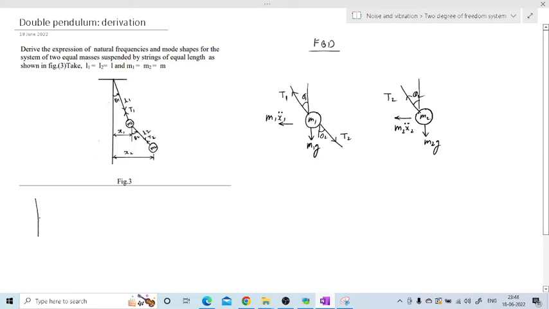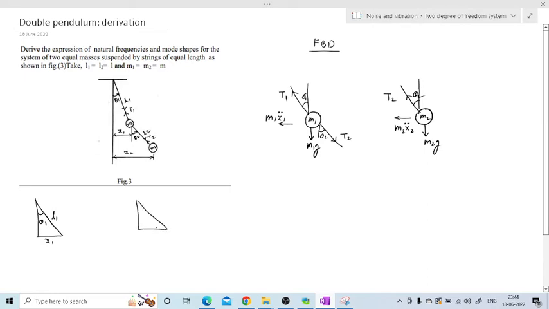So this is the geometry that we will require. So this is triangle 1, where this angle is theta 1, this length is L1, and this linear displacement is x1. Similarly I will draw for mass 2 also. So consider this string, then this perpendicular and this vertical line. So I will draw this second triangle.